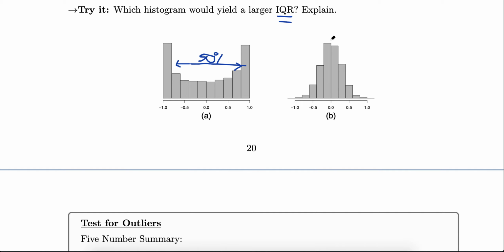Whereas this one, most of the data is crammed in the middle, so I don't have to go out very far to get 50%. The data is all right here, so it doesn't require me to go out very far. So in terms of having a larger interquartile range, that would definitely be option A, because we have to go further to get that middle 50% of the data.